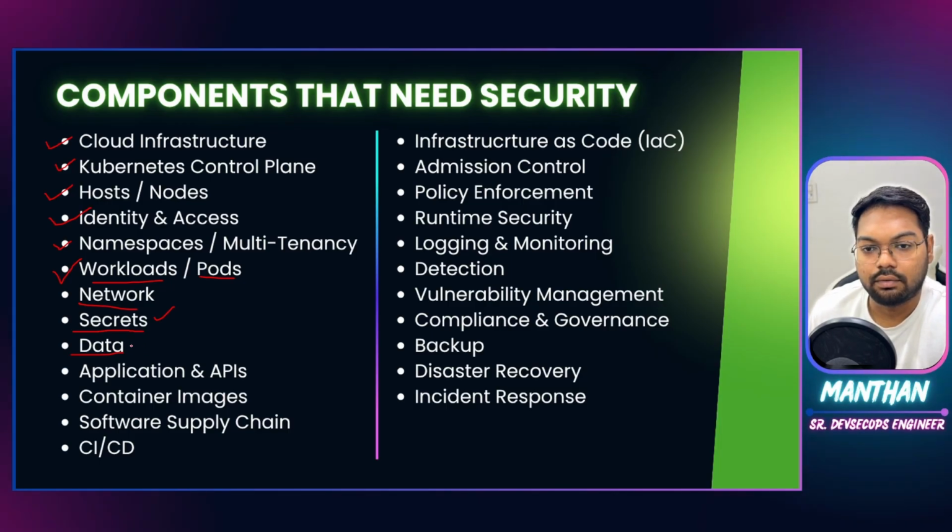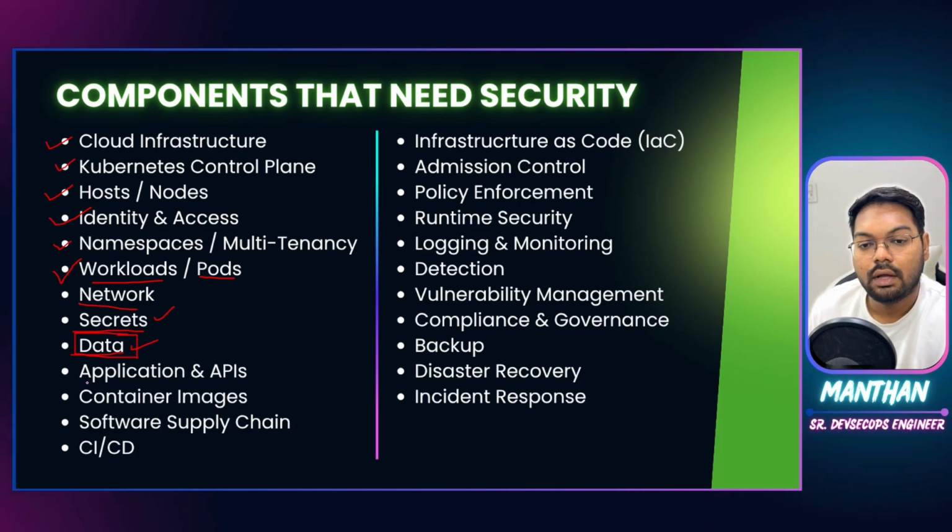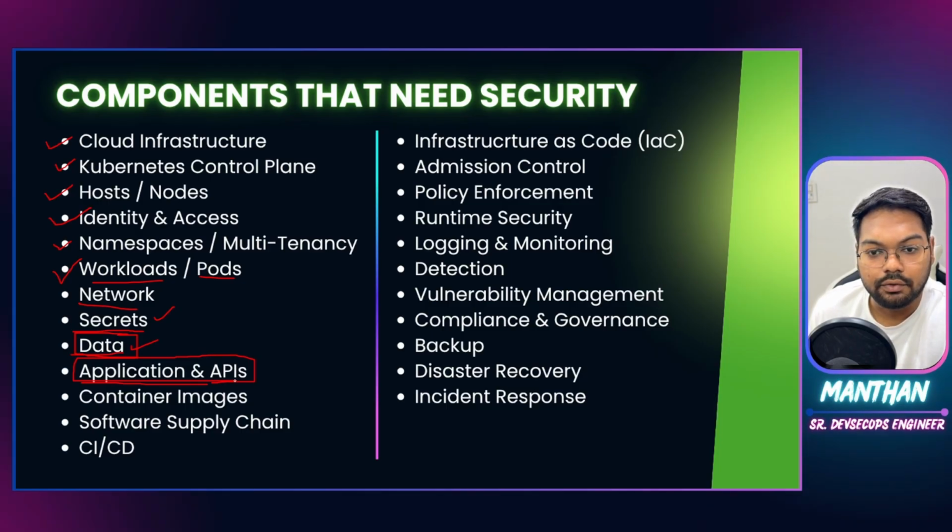Then the etcd, which holds the cluster related information. Then the data in the PVCs that you create, and the sets that consume PVCs. Then the applications and the APIs associated with your application itself, your software that is going to be inside that cluster. Then the container images that it is packaged under.